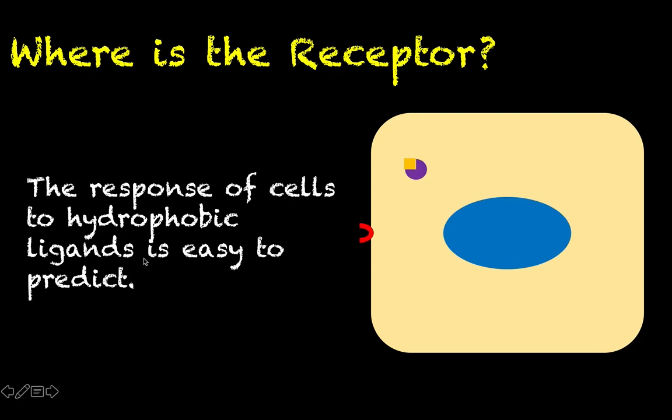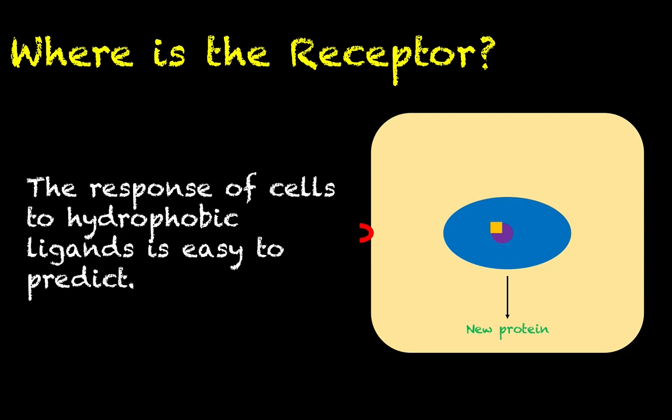So when the hydrophobic ligand binds to its receptor, the complex of the receptor and the ligand forms an active transcription factor. So once this engagement between ligand and receptor happens, the transcription factor translocates inside the nucleus where it binds to a specific promoter of a specific gene on the DNA, and this is going to lead to transcription and translation in the eventual synthesis of a new protein.